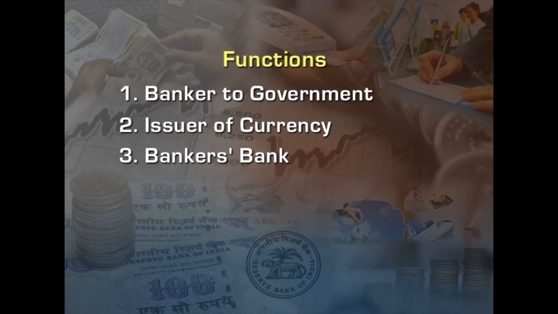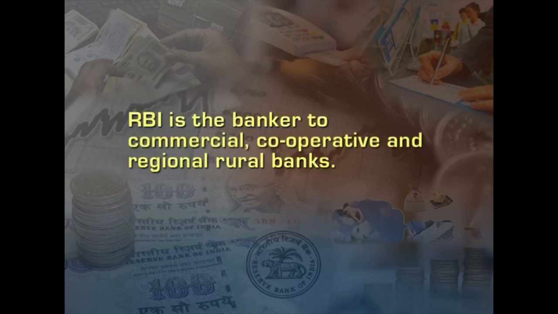3. Bankers' Bank. RBI is the banker to commercial, cooperative and regional rural banks. The relationship is established once the name of the bank is included in the Schedule 2 to the RBI Act. Such banks are called scheduled banks.